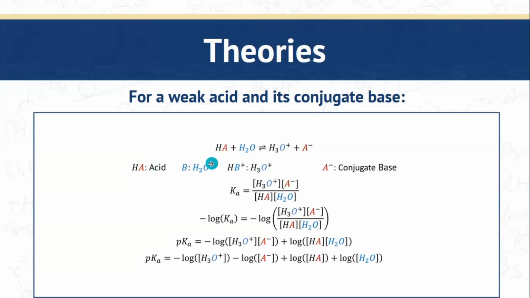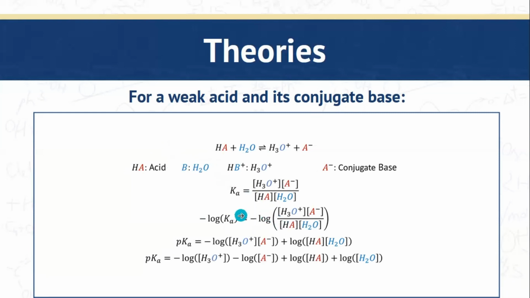So in this case, it makes water the Bronsted-Lowry base for this reaction. And moreover, the hydronium ion, H3O, is the conjugate acid. We form the dissociation constant: hydronium times the conjugate base divided by the acid and the concentration of water.